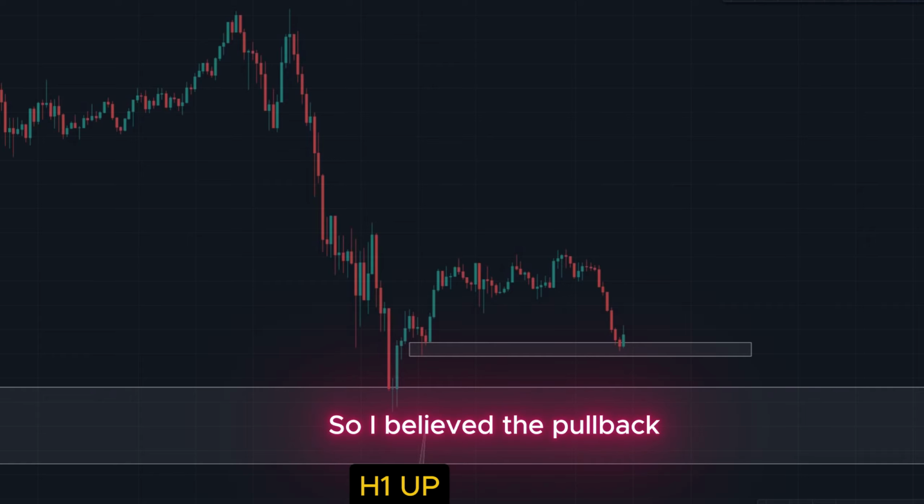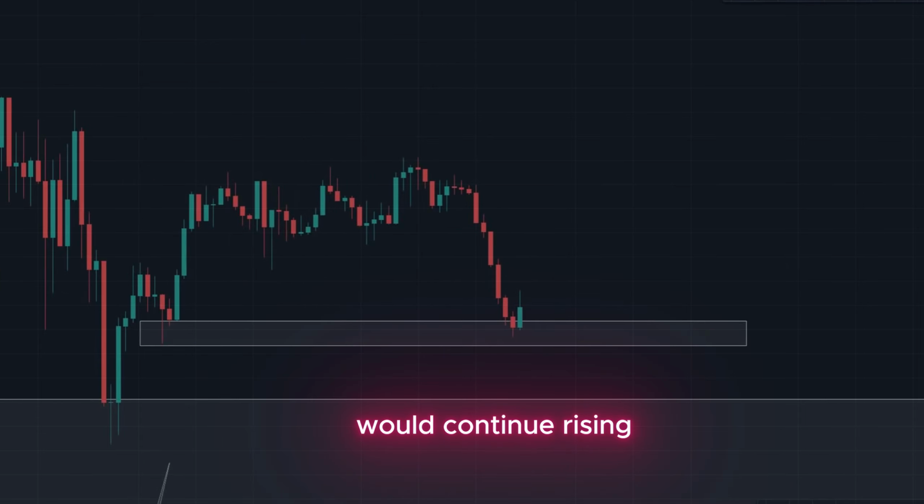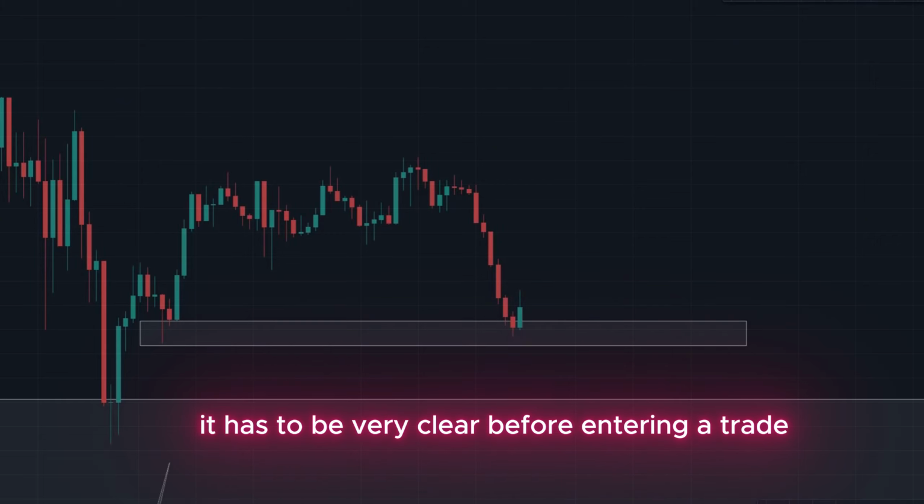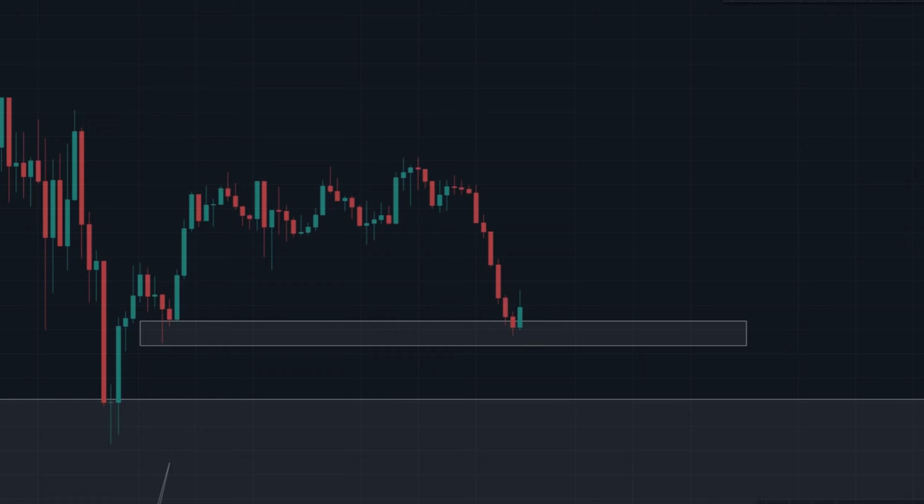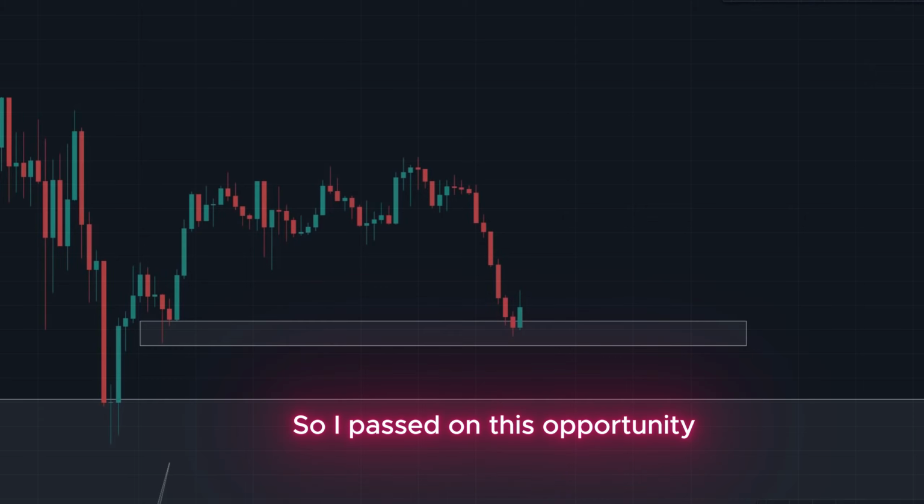So I believed the pullback would continue rising, but this reversal candlestick pattern didn't convince me. When trading in a pullback, it has to be very clear before entering a trade. If it's not clear, it's best not to trade in a pullback, because the pullback might just drop further. So I passed on this opportunity.